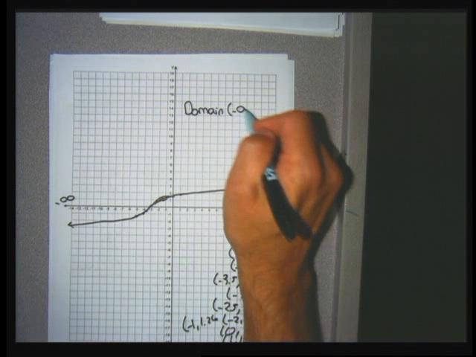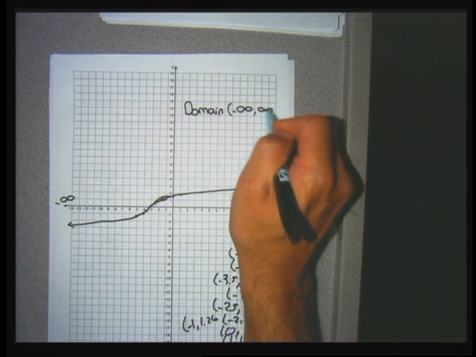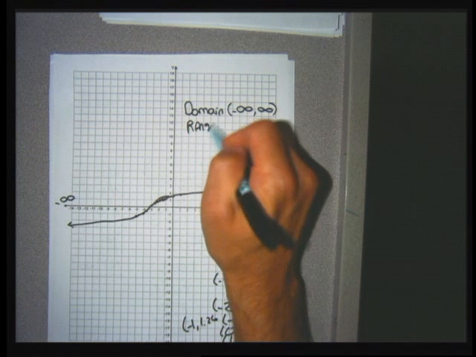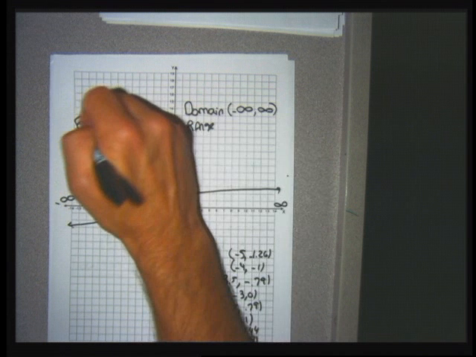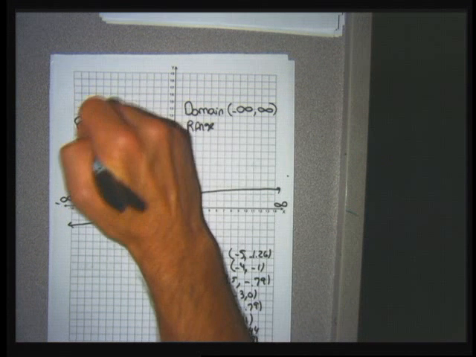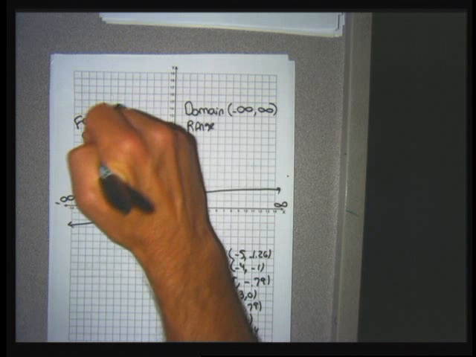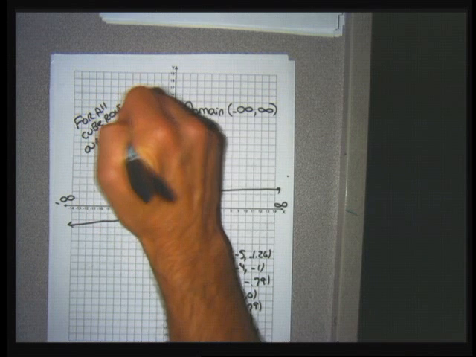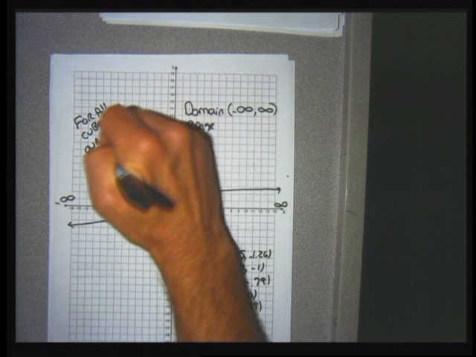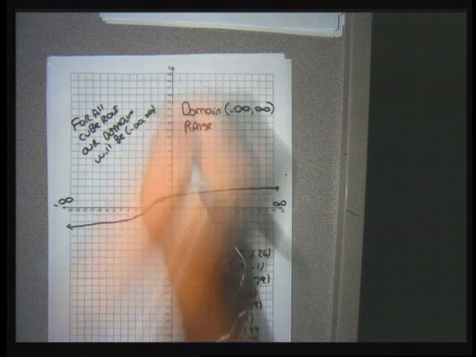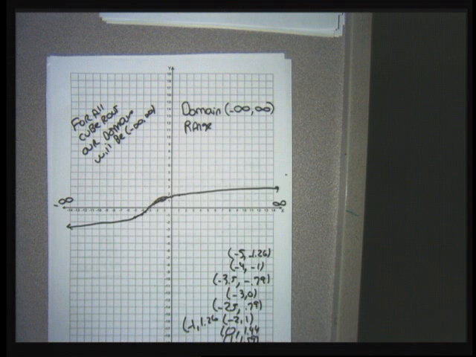We'll say the domain is from negative to positive infinity. Turns out for us, for all cube roots that we graph, our domain will be negative to positive infinity.